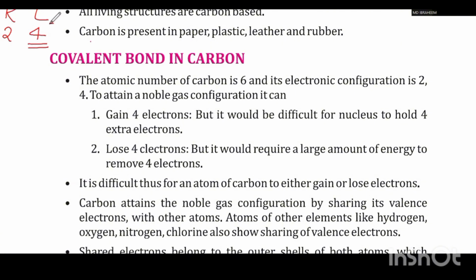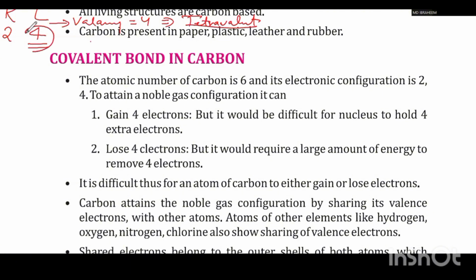So my dear students, you must remember that the valency of carbon is 4. It means carbon can form a maximum of 4 bonds. So we can say that carbon is also tetravalent. About tetravalency and valency we will discuss in detail in the upcoming topics.